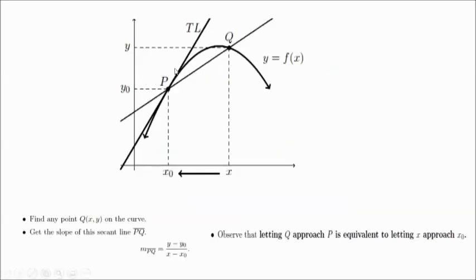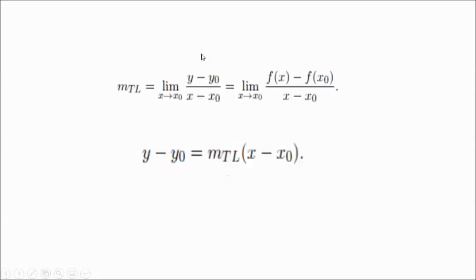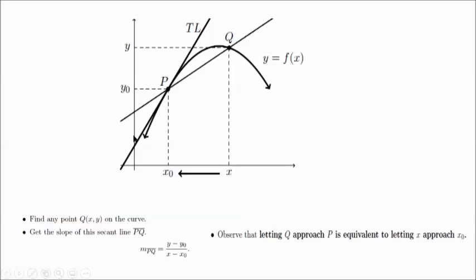To get its slope, we need to limit the slope of these as x approaches x sub 0. Imagine it approaching there so that it becomes the tangent line. That is how this formula was derived. We made use of the limit because the tangent line is a limiting position.